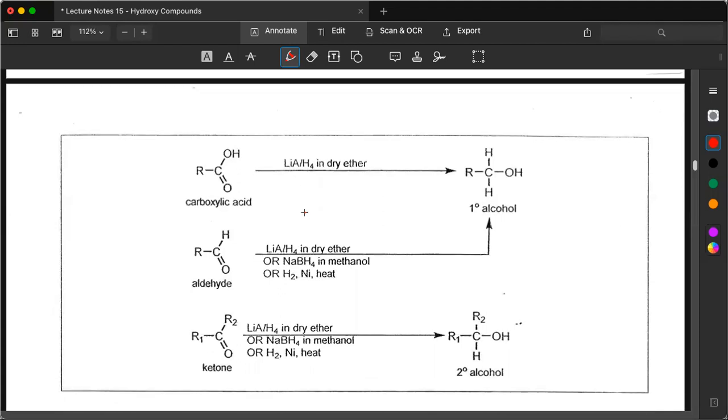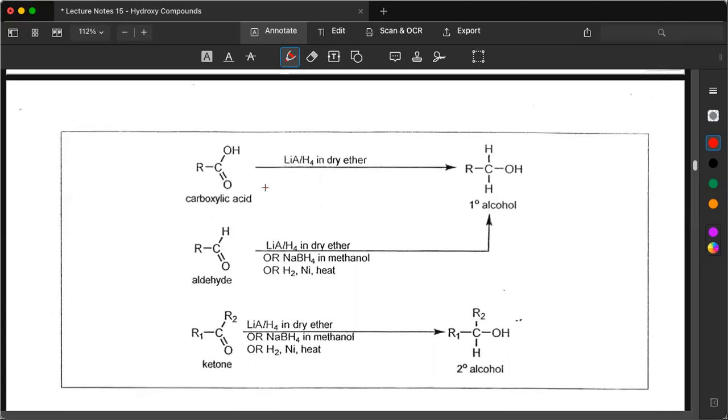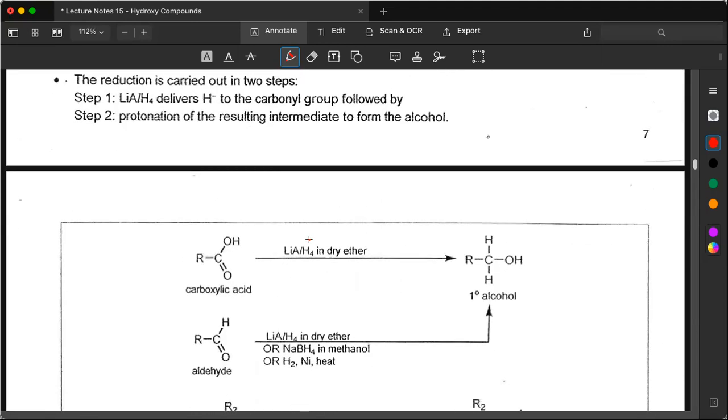So from carboxylic acid, we can use this lithium aluminum hydride in dry ether, which is used as the solvent to dissolve the reagent. Reduction is the gain of hydrogen, and there is a step two to protonate the intermediate to form the alcohol.